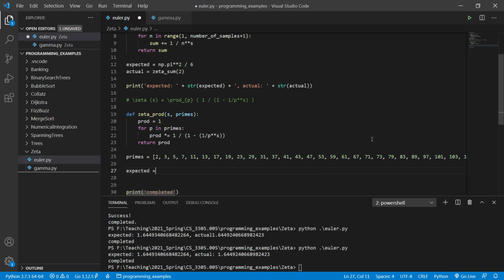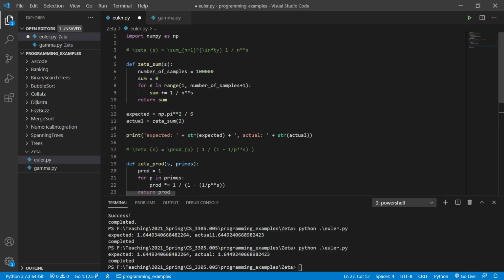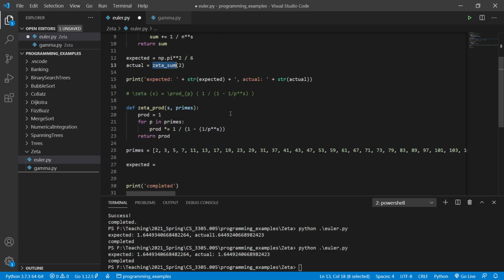So we expected something close to whatever the sum is for this. So we'll start with the sum for n equals 2, or s equals 2, because we kind of already have that. So then we expected this, and we got this.